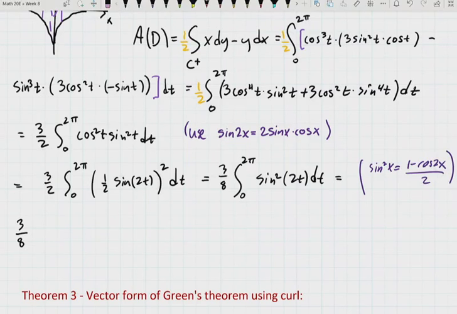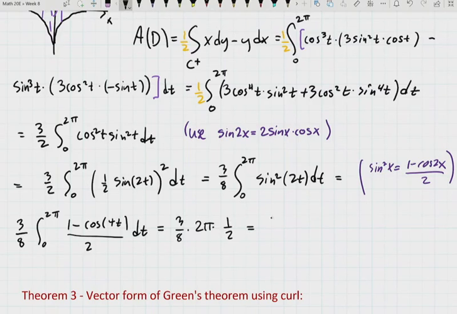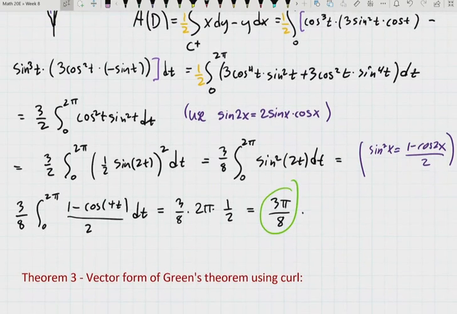So I have 3/8, integral from 0 to 2 pi, of 1 minus cos of 4t over 2 dt. The cosine term disappears because it's periodic, and I just get 3/8 times 2 pi times 1/2, which is 3 pi over 8. Cool. Okay. Any questions?